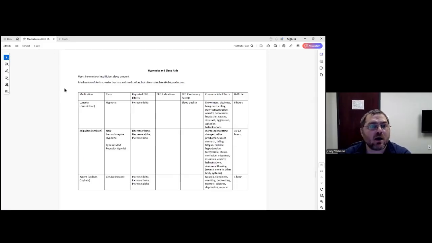Okay. The hypnotics and the sleep aids. With this class, you're always in a little bit of a toss-up. When you take medication to help you sleep, your sleep quality inevitably goes down. So you have to really weigh: is it better to get more sleep but worse quality, or less sleep and better quality?